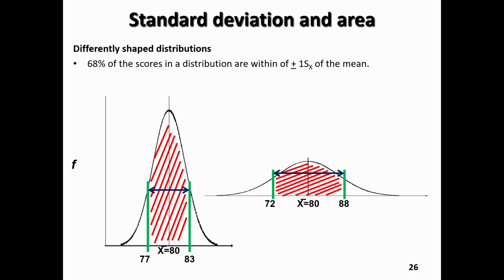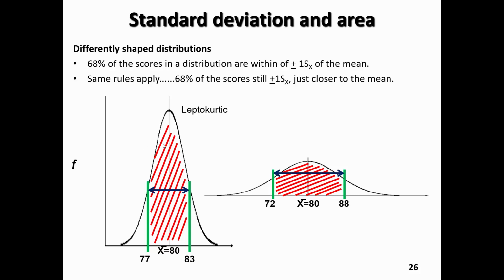Whether the distribution fits the standard normal distribution, or is more leptokurtic or platykurtic, and we'll take a look at these shortly, the same rules apply. Approximately 68% of all the scores will still reside within plus or minus one standard deviation. They just happen to either be closer to the mean or farther away from the mean.